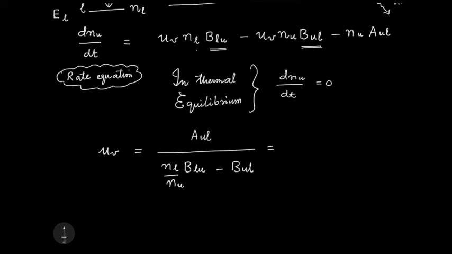There is no other way, because in thermal equilibrium, we said that the radiation is that of a black body, and this should now be equal to the energy density of a black body, right? So what is the energy density of a black body? The energy density of a black body is 8 pi h nu cube by c cube. This is again Planck's formula, so I guess that you are already familiar with this.